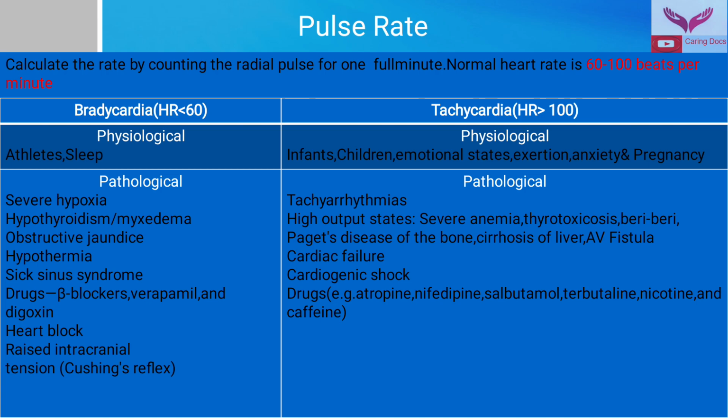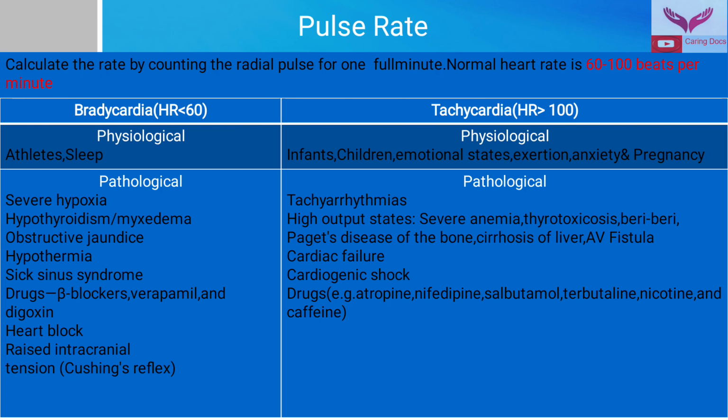Normal heart rate is 60 to 100 beats per minute. When the heart rate is less than 60, we call it bradycardia. When it is more than 100, we call it tachycardia. The causes of bradycardia and tachycardia are both physiological and pathological. Among the physiological causes, bradycardia is seen in athletes and also in persons who are in sleep.